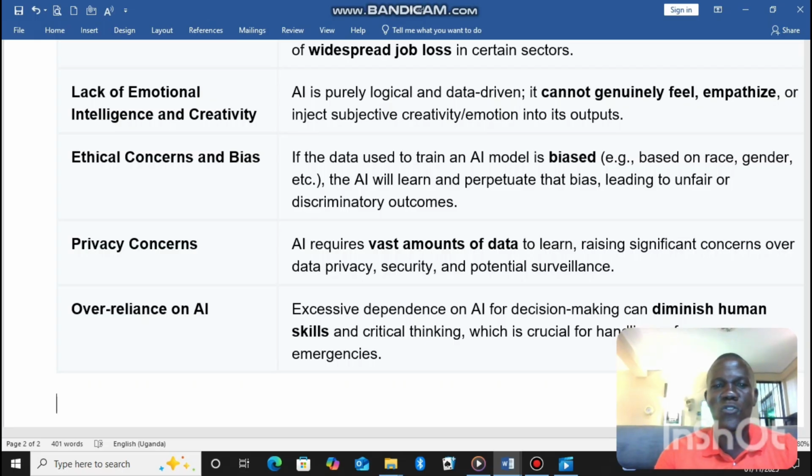Of course, as humans, at times we need to keep ourselves in a way where we can reason and be creative, so that we can solve other problems. But with AI, at times it can bring about over-dependency, which will diminish human skills.